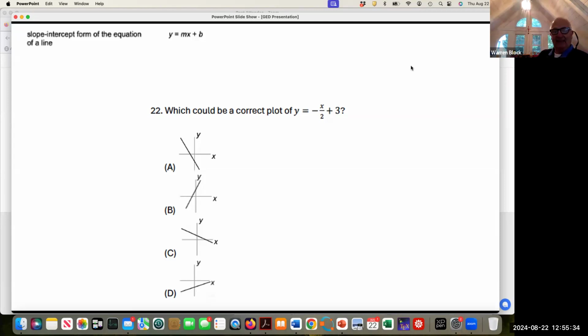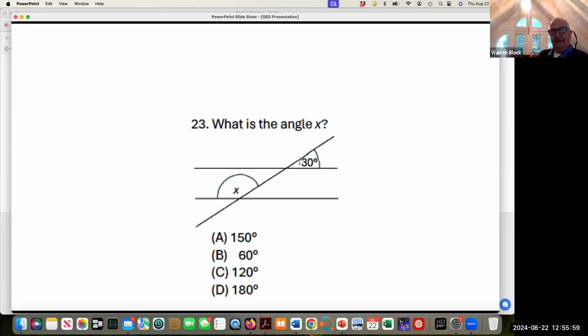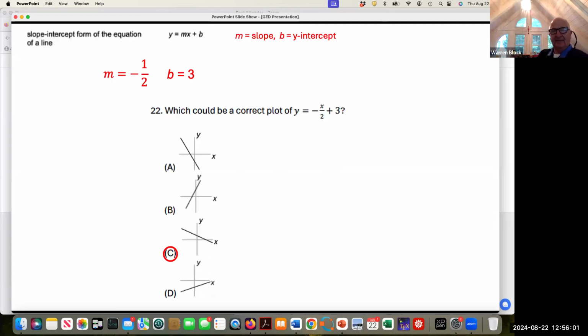So that looks like it's going to be C. Other way is to plot 2 points, put in 2 for X, and find out that Y is 1 and see which one of those graphs goes through the point 2, 1 and goes downhill. And that's C, even though there's no scale on the lines.